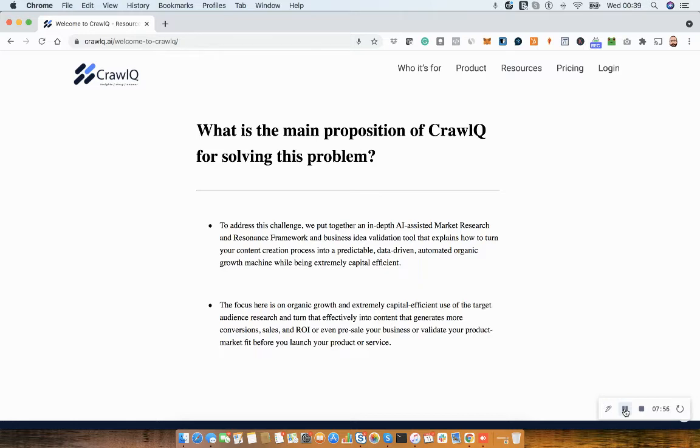The focus here is on organic growth and extremely capital-efficient use of target audience research, turning that effectively into content that generates more conversions, sales and ROI, or even pre-sells your business or validates your product-market fit before you launch or before you invest heavily in your product or services.